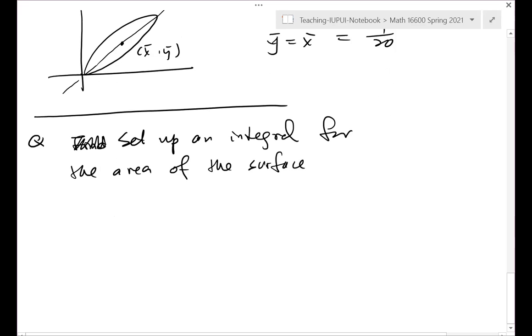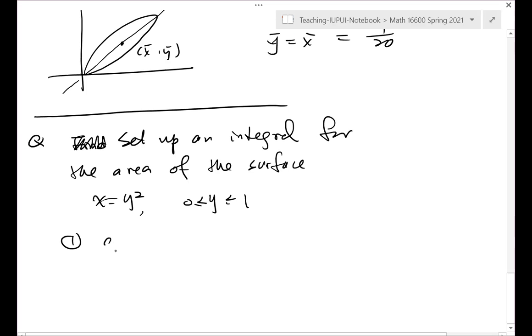This surface is generated about... I want to set up two integrals, one for each case. So x is going to be y squared. That's all I want to write down. This is general, and y is between 0 and 1.